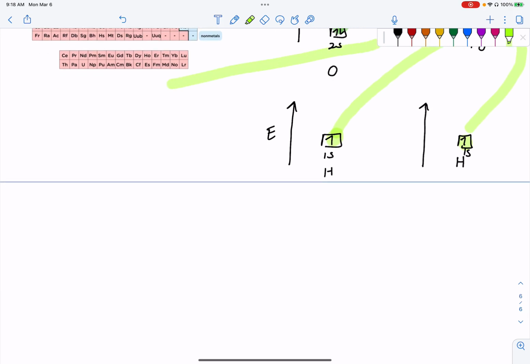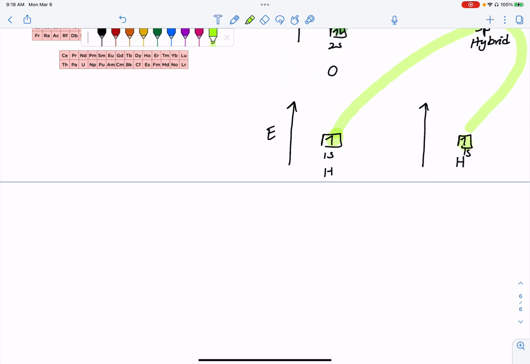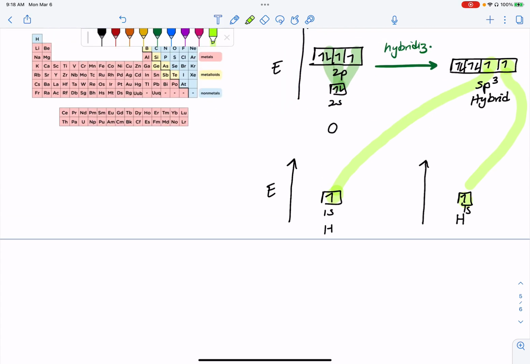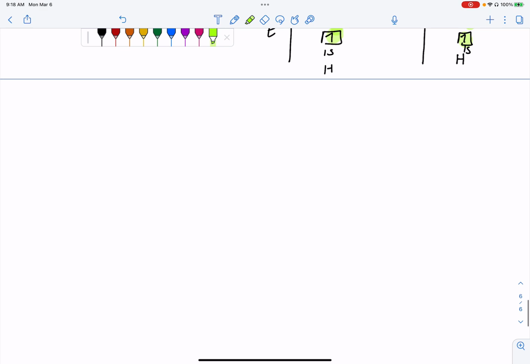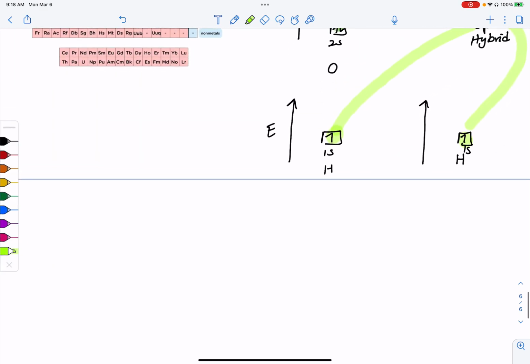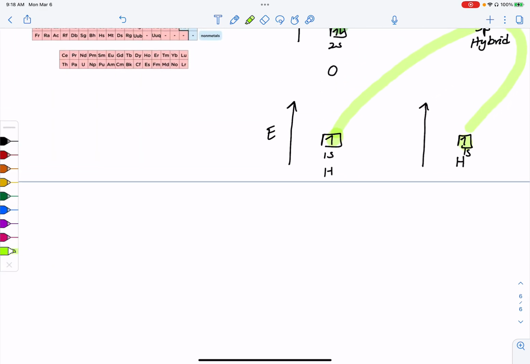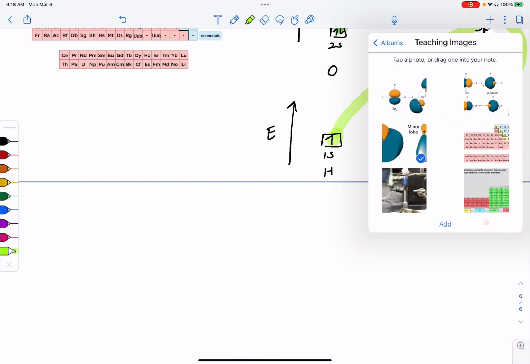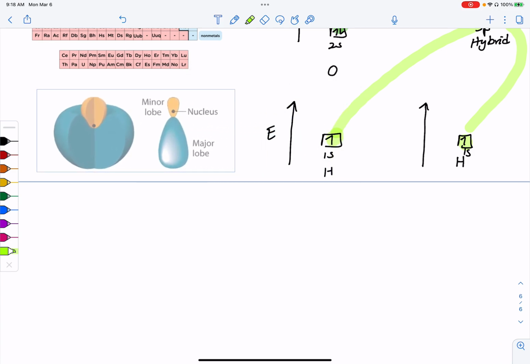So what on earth does this look like? Anytime I'm combining an s and a p, I get something that looks like this.